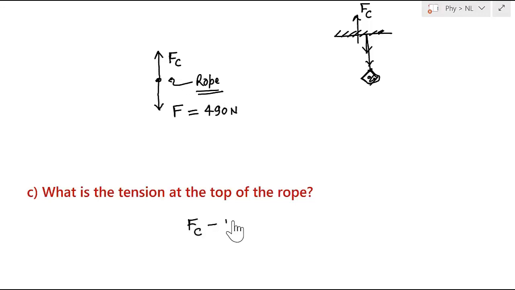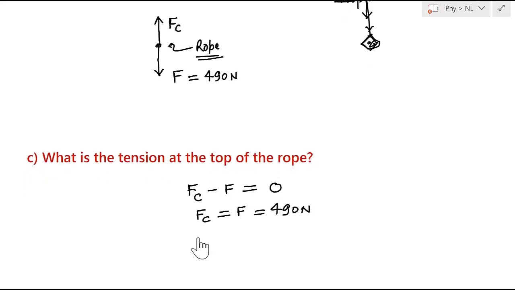In the downward direction we have force F, and that's why we have taken a negative sign, because this is in the downward direction, and the sum of all the forces is equal to 0. This means Fc is equal to F, and we have already calculated F. This is 490 Newton. So the magnitude of Fc is equal to 490 Newton.